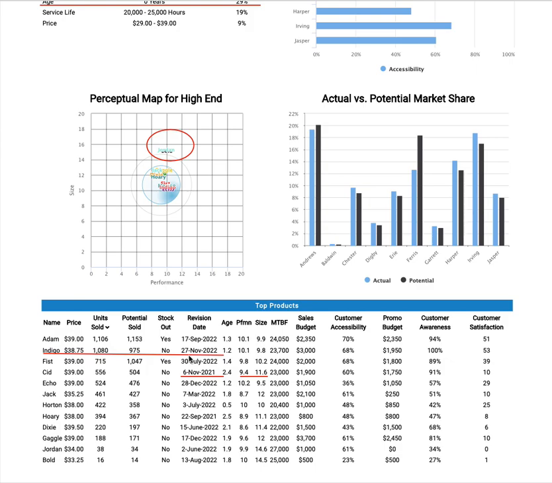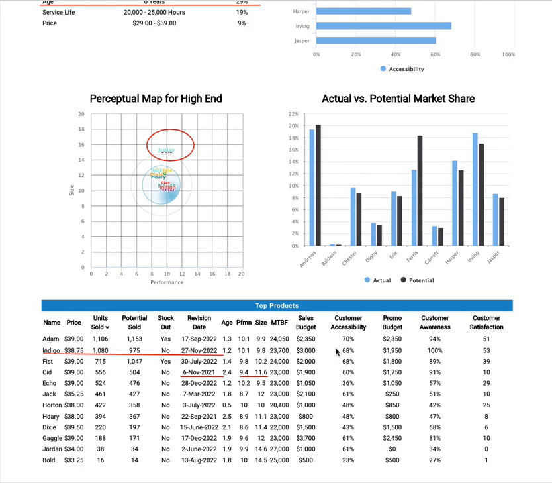Why? You can see that Team Atom has the revision date in September, and then the Indigo team is coming out with the product November 27th. So that's why probably this Atom team will sell more, because the product comes out first. And also the performance and size are very similar.